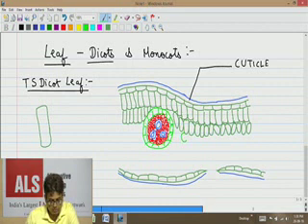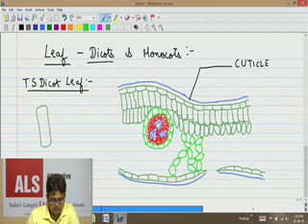So I am going to draw slightly less green colored large cells with a huge amount of intercellular spaces.